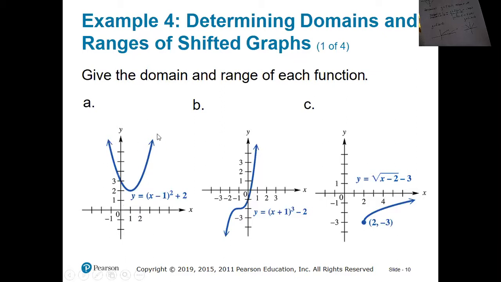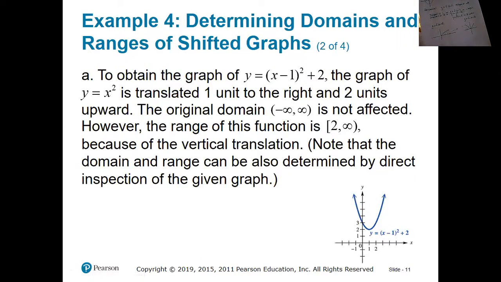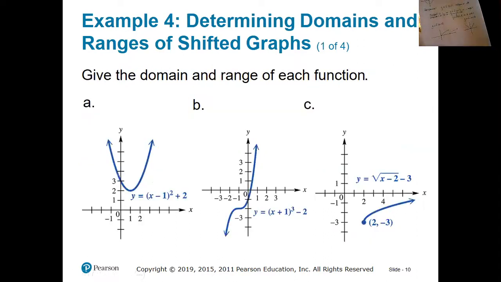Now what is the domain of this? So if these arrows go on infinitely, correct? So we're going to go -infinity all the way to +infinity with parentheses. That's what we're going to put in interval notation. So right here, the domain is -infinity to +infinity. All right, so if you just take a quick look at this, what would the range be of this, starting from the bottom to the top?